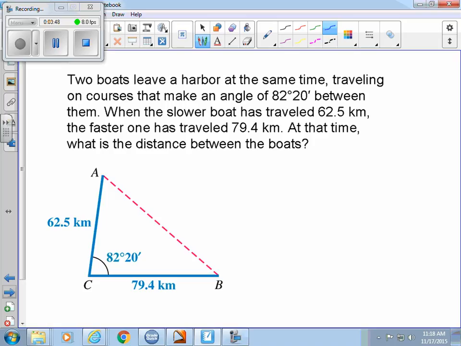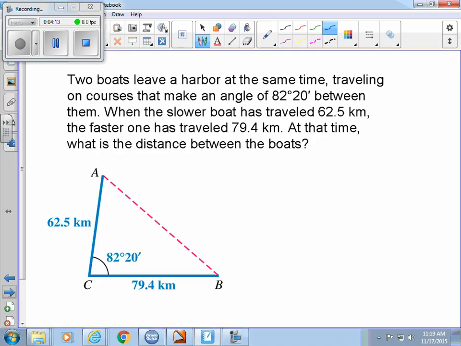This is the problem from the bell ringer, right? So now I would argue we can find it. It says 2 boats leave a harbor at the same time, traveling on courses that make an angle of 82 degrees 20 minutes between them. When the slower boat has traveled 62.5 kilometers, the faster one has traveled 79.4 kilometers.